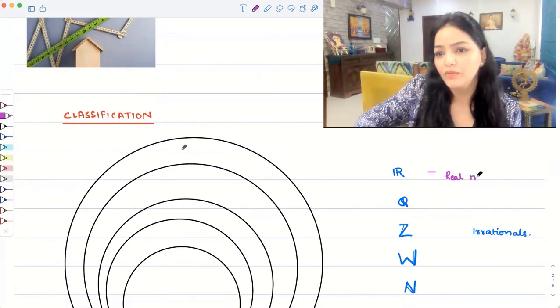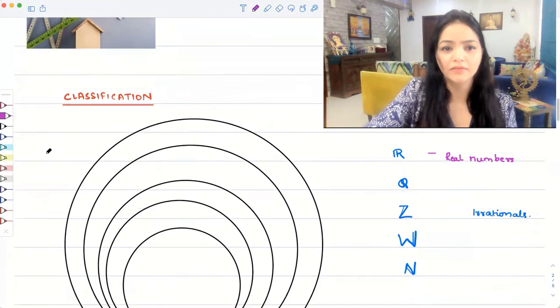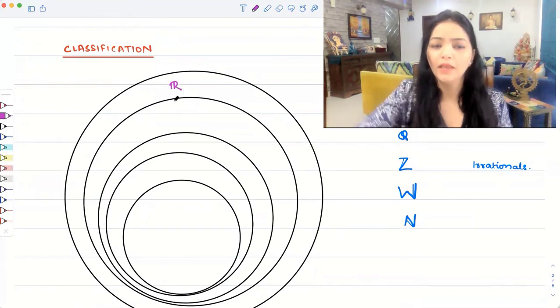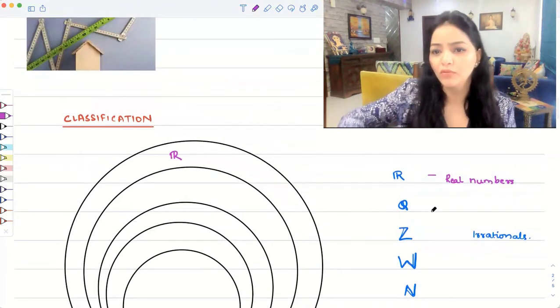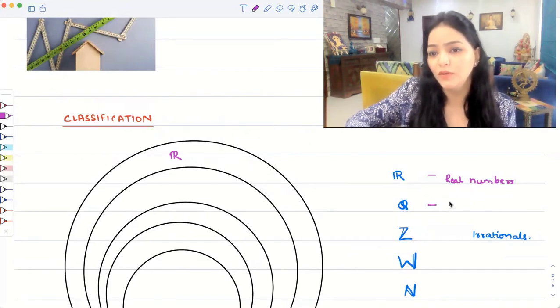This entire big circle that I have here is the set of real numbers. The next thing I will talk about is the symbol Q, which is the set of rational numbers. We call them rational numbers.